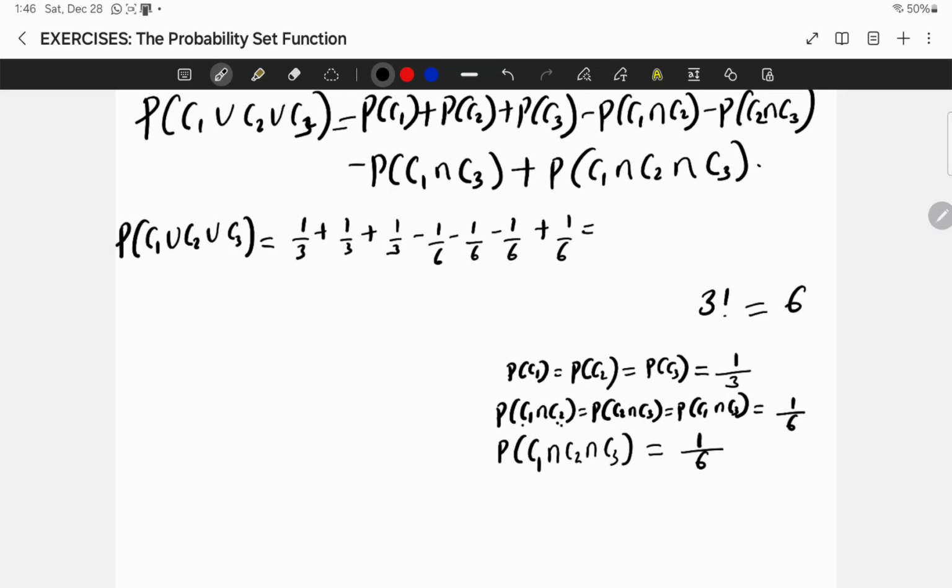So you can carefully work through this fraction. Then this should be equal to 1 minus 1/3, which is equal to 2/3, and that gives us the right answer. So the probability that at least one letter is placed in the correct envelope is 2/3.